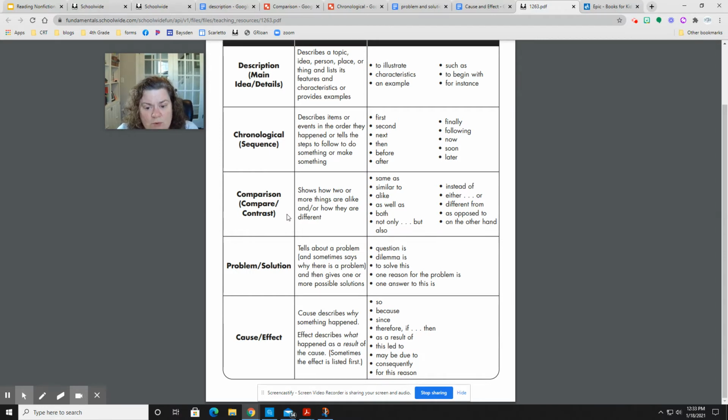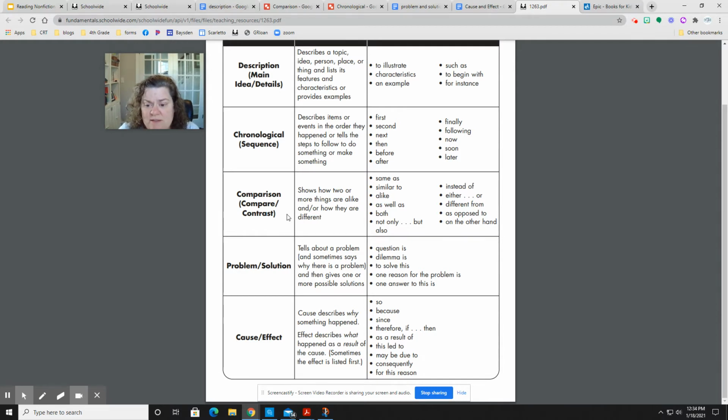Signal words for this one might be the same as, similar to, alike, as well as, or they both. Not only do they do this, but also that. If they're telling how things are different, you might use phrases like instead of this, we would have that, or either this or that.